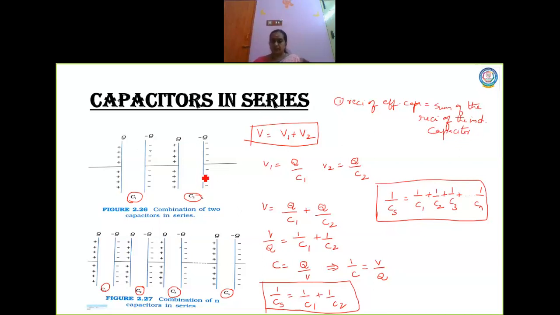Now the second one, what is the second point I get from this? Second point is, we are talking about this equivalent capacitance, which is 1 by Cs, right?